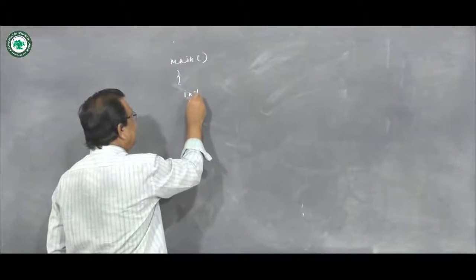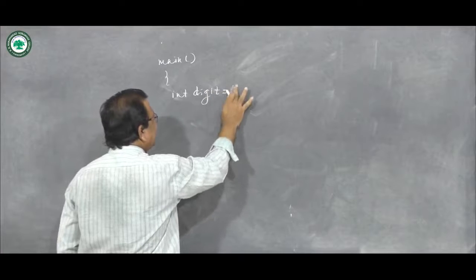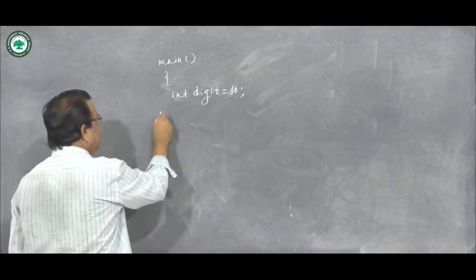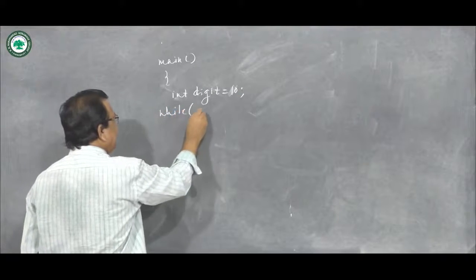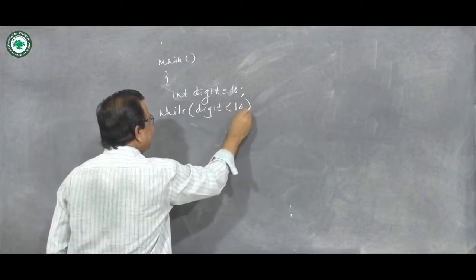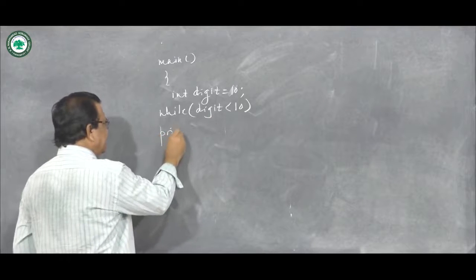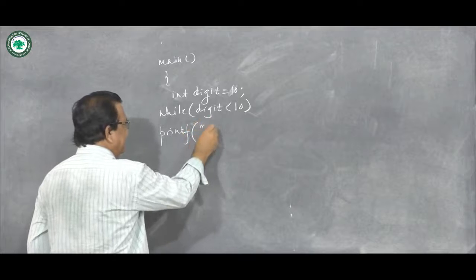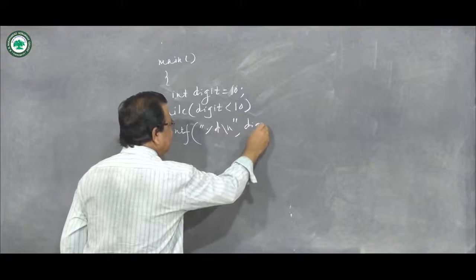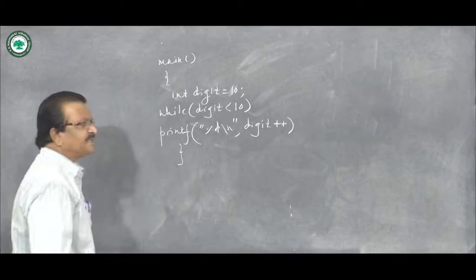Here I am initializing digit to 10, and then while (digit < 10), no semicolon there, I am printing the value of digit, printf("%d\n", digit++).